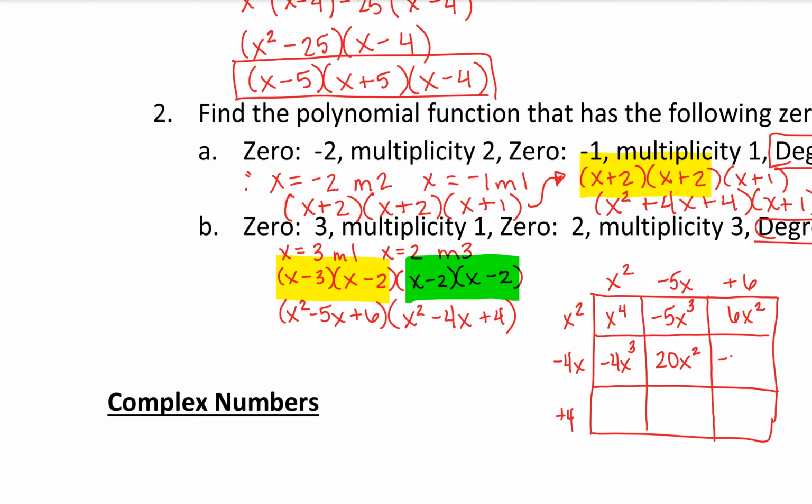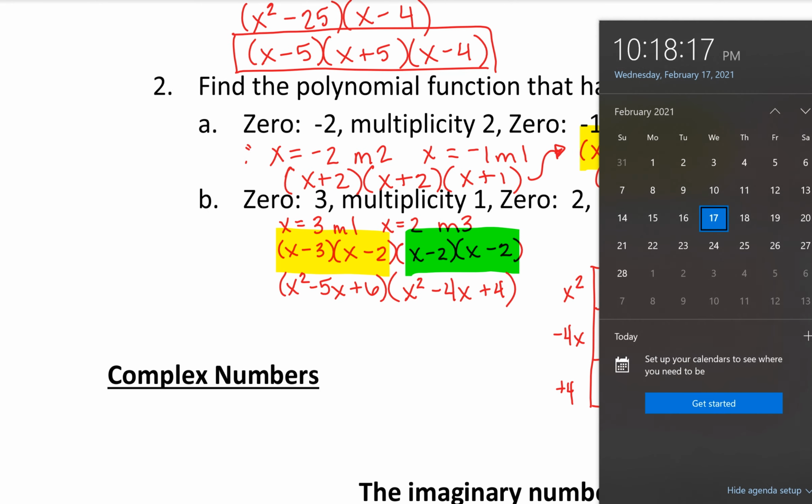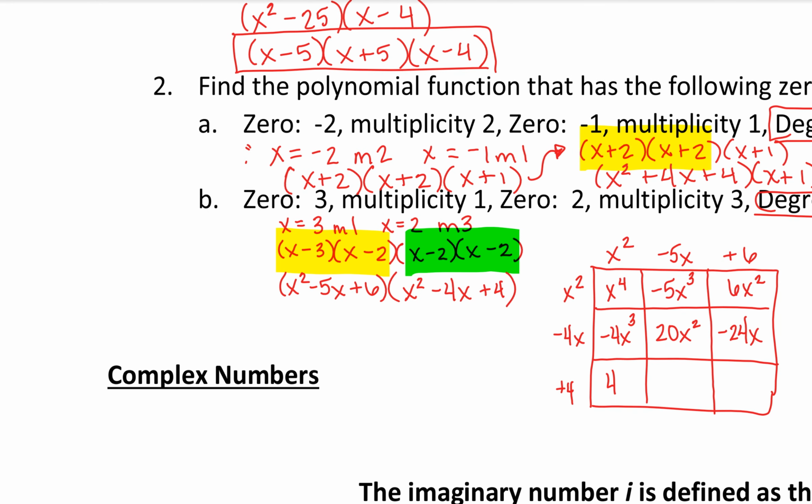And a negative 24x. Let's see, then we have a positive 4x squared. Oops, sorry guys. Then a negative 20x and a positive 24 there at the end.